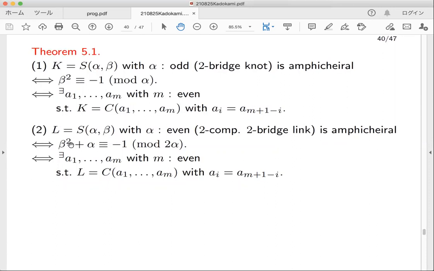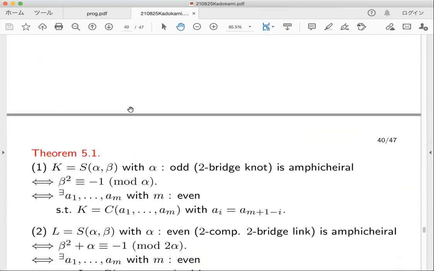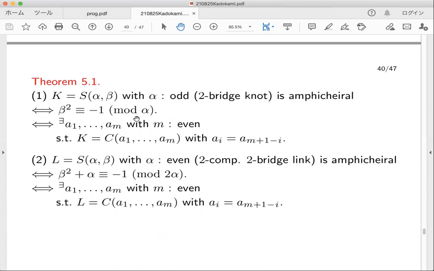The second is the link case. We can take totally the same as the first one, but by calculating the continued fraction, some cases are knots, some cases are two-component links.